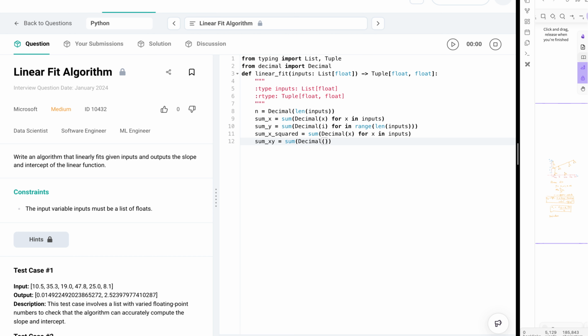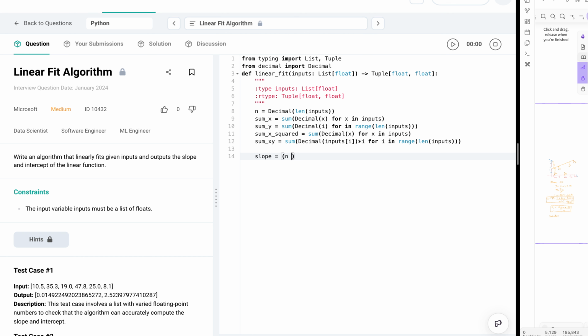The y values are the indexes into our equation, and we need to multiply these with the i's, which are the y values in the range of length of inputs that we are going to have. So this will give us the summation of x and y, and simply now I will write the formula like I described.